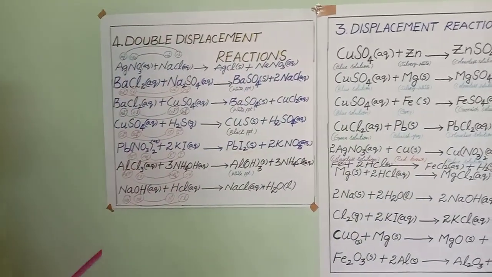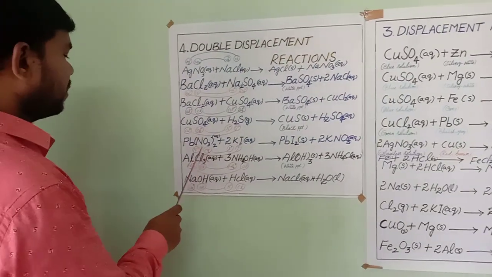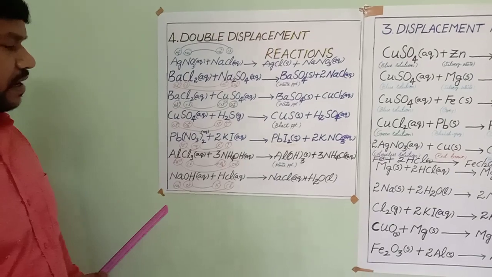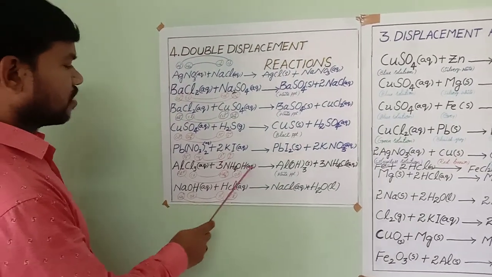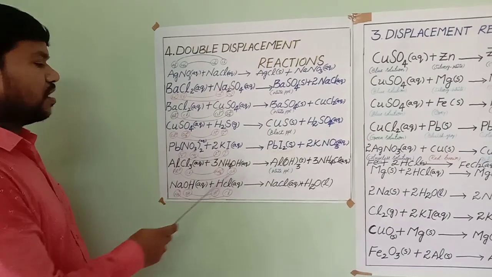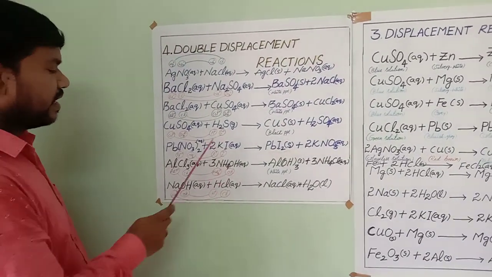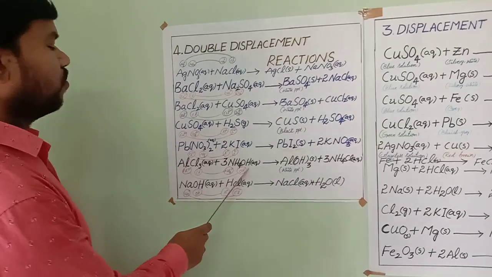And one more example, aluminium chloride. Aluminium chloride contains aluminium radical and chloride radical, and another compound is ammonium hydroxide, NH4OH, which contains the radicals NH4 plus and OH minus.